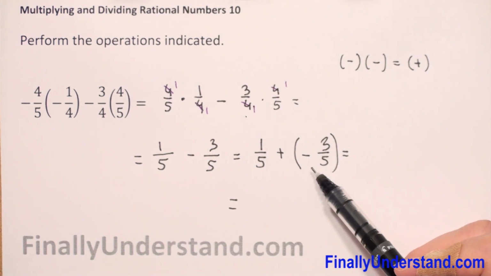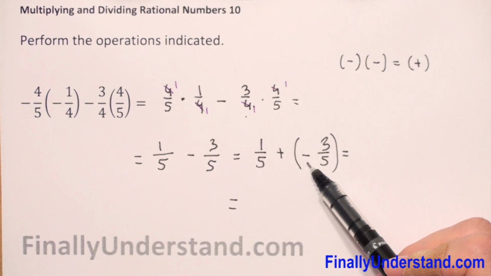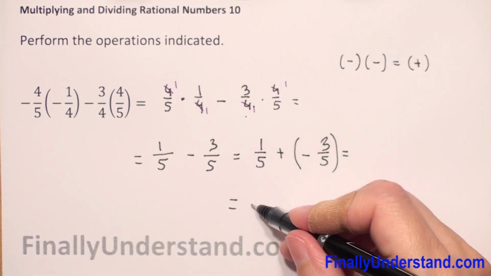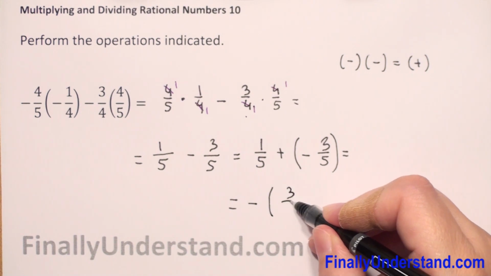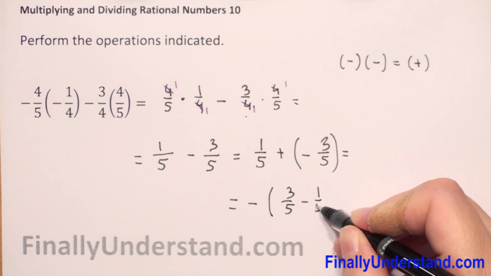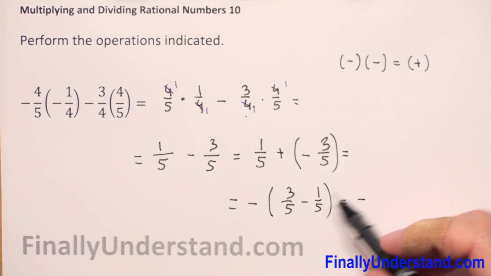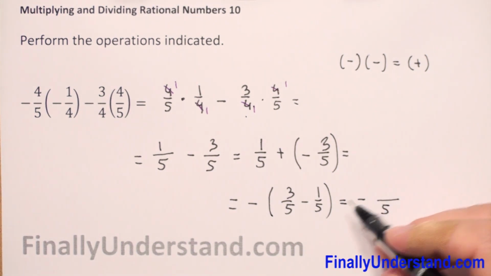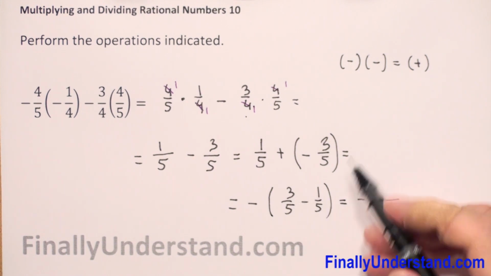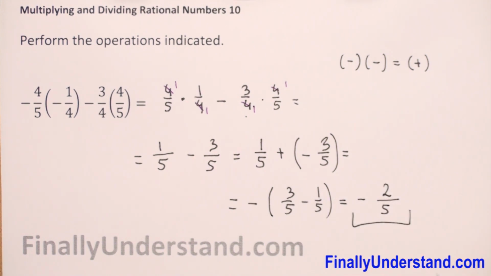So next we check the sign before the greater number. It's negative, so we copy the negative sign, and in parentheses we subtract the smaller from the greater number. Copy the negative sign, subtraction of fractions, we copy the denominator and we subtract numerators. 3 minus 1 is 2. This is my solution.